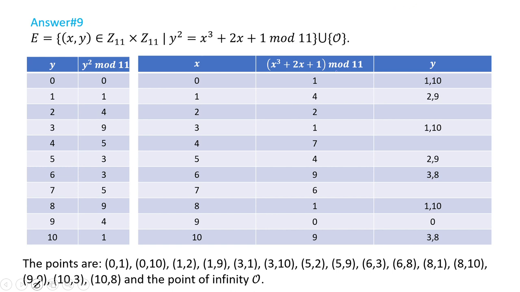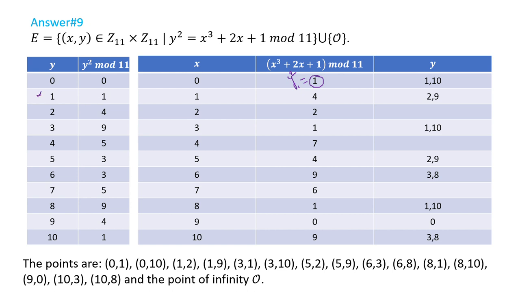Like that you compute all the values of x cube plus 2x plus 1 mod 11 for all values of x in Z11, and then you know that this value is y square. So for all the values of y for which y square is equal to 1, those will be valid x comma y points. Because you have already seen that 1 is a perfect square for y equal to 1 and y equal to 10 also.